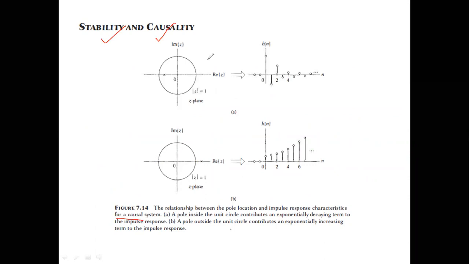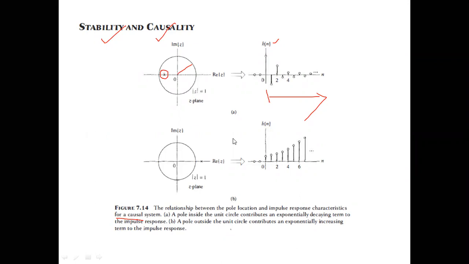Causal in the sense, what is meant by a causal system? A system where your impulse response exists only on the right side or at zero. For a causal system, if the pole lies inside the unit circle, then what happens?